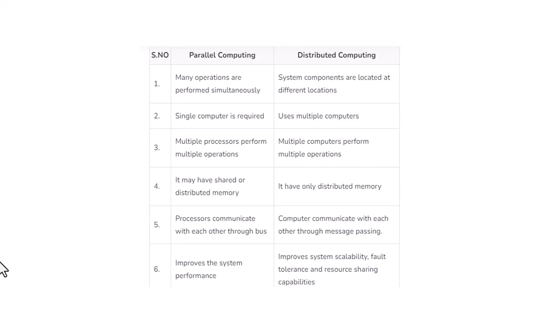And definitely scalability is also improved. Fault tolerance means that there is no burden on a single computer. So if some nodes are disabled or not working properly, other nodes handle that task or problem.